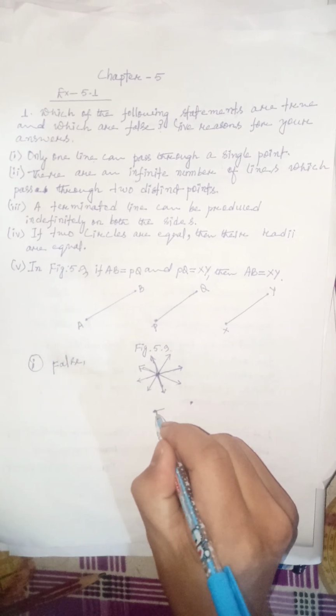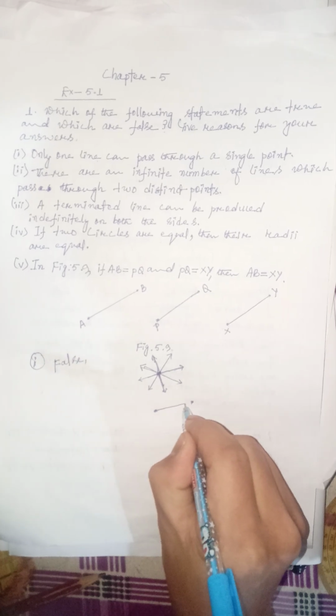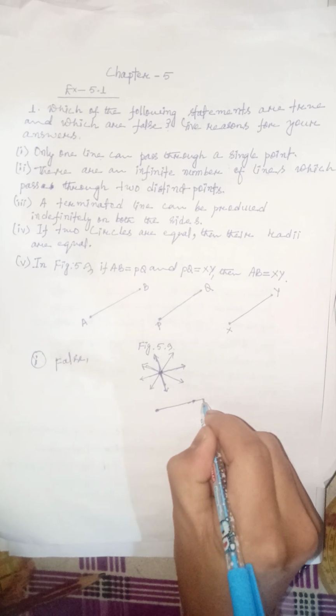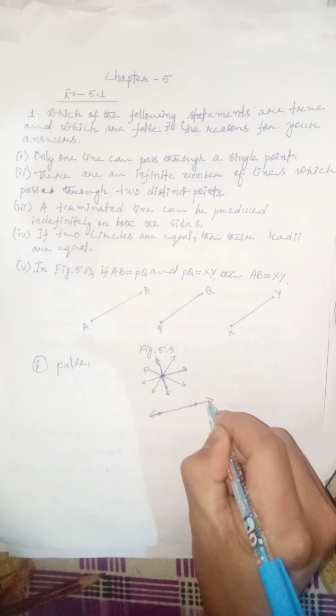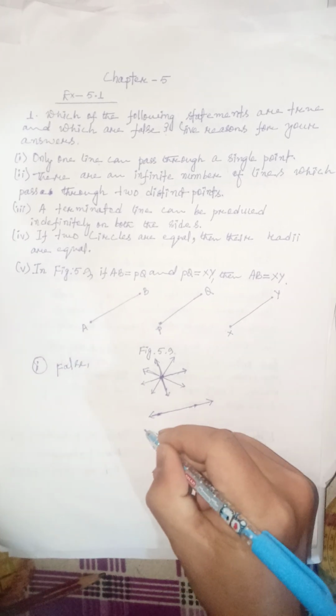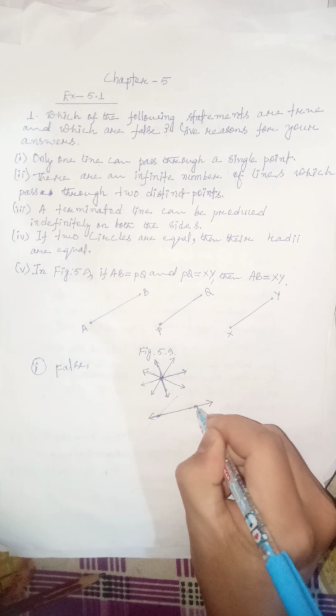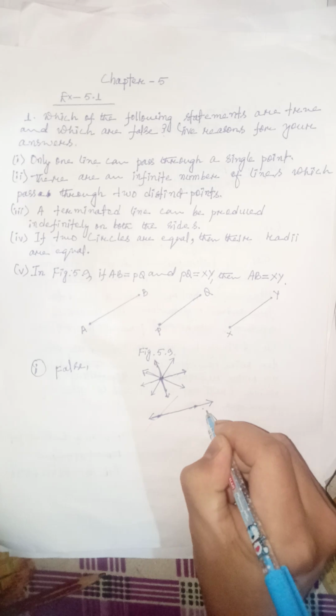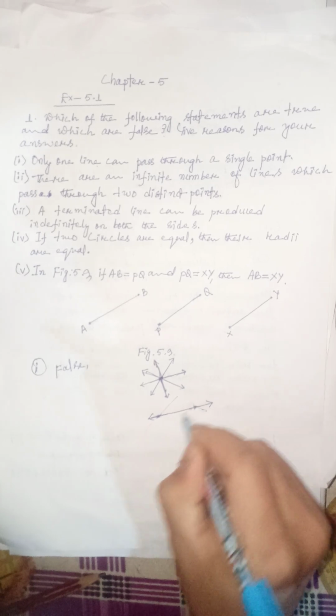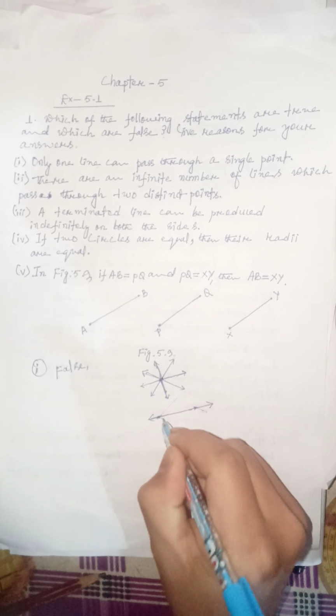Actually, using these 2 points we can draw only one line, this one, right? Not other than this. If you want to draw another line, it may be like this, but it will not pass through this. Or if you start drawing from this one, passing through this, then it will not be able to touch.